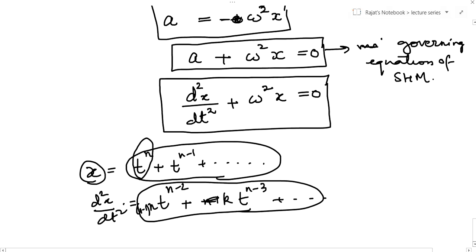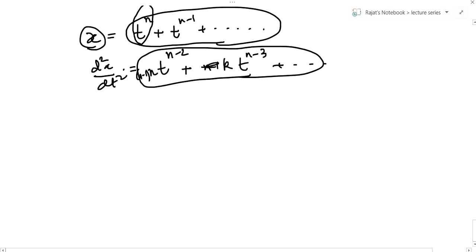It's very simple. If you're not aware of how to solve a differential equation, you can do a little bit of hit and trial. If I take x as a sinusoidal function, some form of a sine omega t, and differentiate it twice, then in one differentiation it will become cos, and if you differentiate it again, it will again become sine.